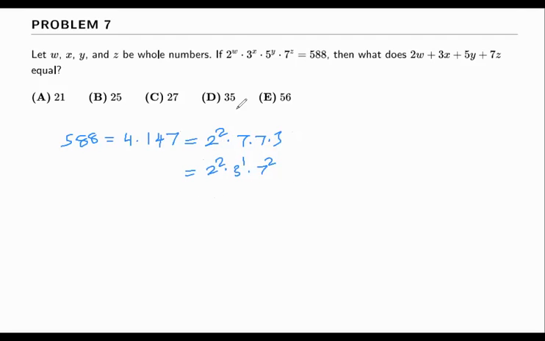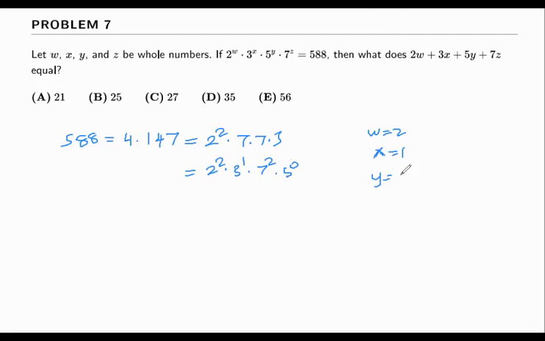So if that's the case, we are told 2 to the w power. 2 has a power of 2, which means w is 2. Then 3 to the x, 3 to the first power, so x is 1. And then 5 to the y, but there is no 5, so I can write 5 to the 0th power because 5 to the 0th power is just 1.